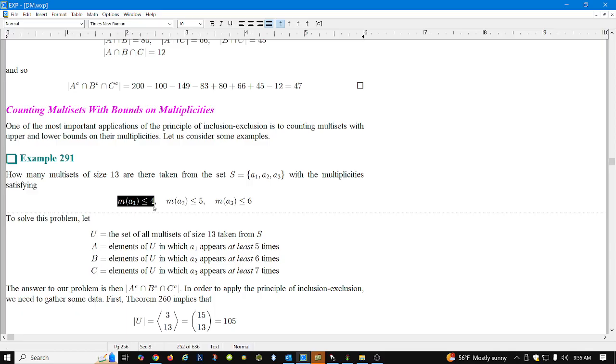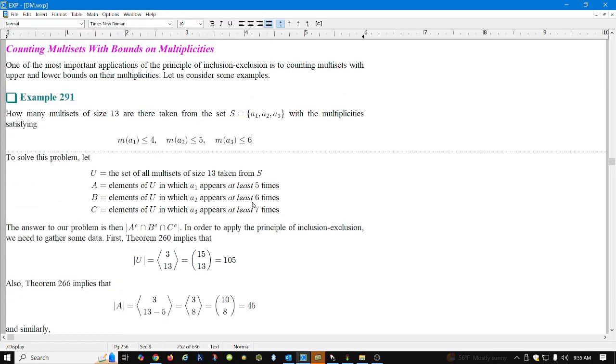I don't want the number of elements that have appeared at most 4 times. You could do it that way too, but this is a little simpler. The number of elements in which A1 appears at least 5 times, so this does not hold. Similarly for B and for C, greater than or equal to 6, greater than or equal to 7.